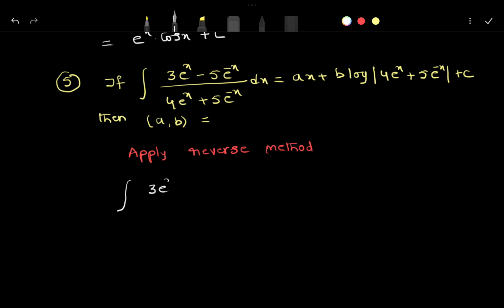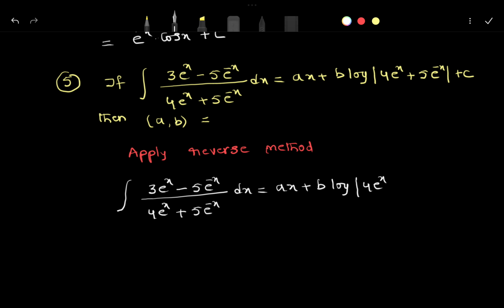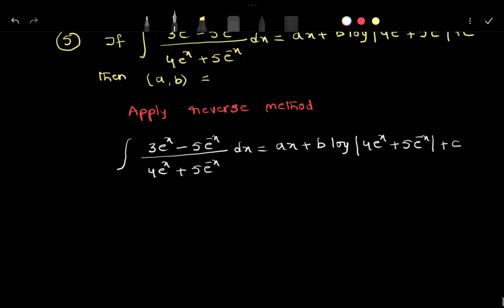Integration of 3 into e to the power of x minus 5 into e to the power of minus x, whole divided by 4 into e to the power of x plus 5 into e to the power of minus x, into dx is equal to a into x plus b into log of 4 into e to the power of x plus 5 into e to the power of minus x, plus c. Here c is the integral constant. So the reverse method means differentiate on both sides with respect to x.